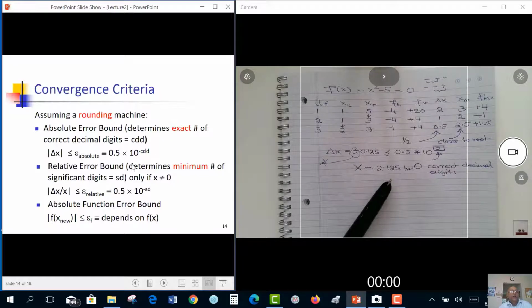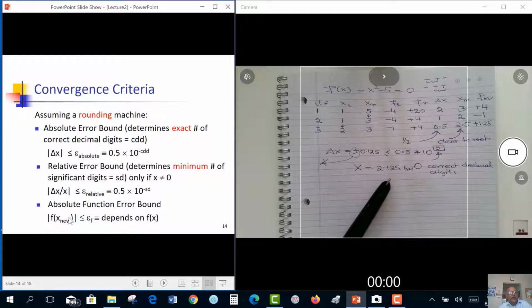So what I'm teaching you in this course is that absolute criteria is related to correct decimal digits, and relative criteria is related to significant digits. What it does is not determine exact number, but minimum number of significant digits. That means you could have potentially one more significant digit in your actual answer. So it kind of gives you a minimum conservative guarantee.